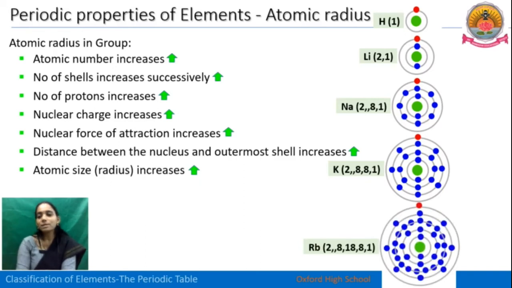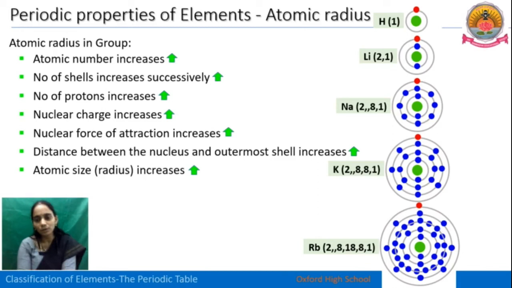and again, if we consider from hydrogen to rubidium, throughout the group from top to bottom, the atomic number increases and the number of shells increases successively. See, for hydrogen 1, lithium 2, sodium 3 and so on. The number of protons increases, meaning the nuclear charge increases, so the nuclear force of attraction increases.